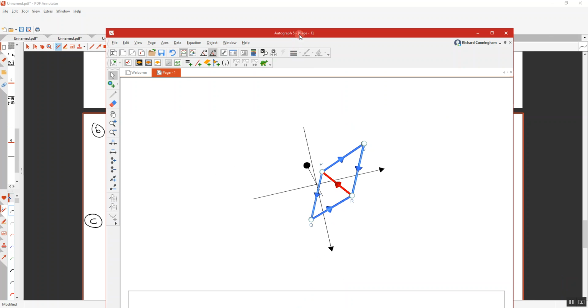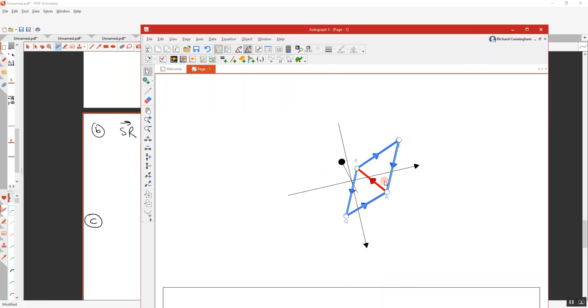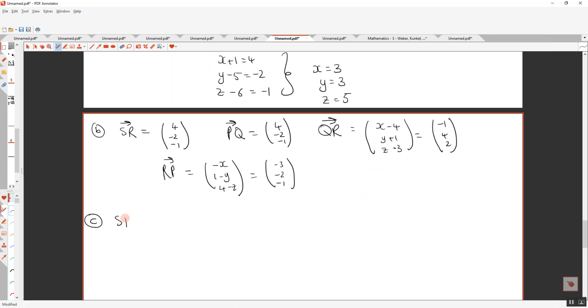So we'll do S to R first. We'll do the length of this. And to show that it's magnitude, we put it in a little house like this. I'm going to do 4, it's Pythagoras we're going to use for it, plus -2 squared plus -1 squared.